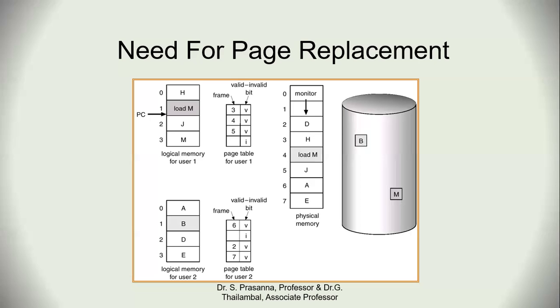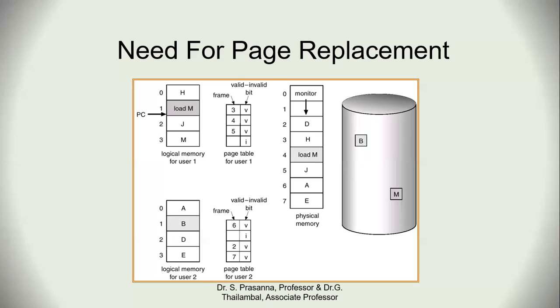And similarly, load M is the command. The command contains the M page that needs to be loaded. So both the M page and the corresponding B page, if needed, need to be loaded from the backing store only, by choosing any one of the pages in the physical memory as a victim.